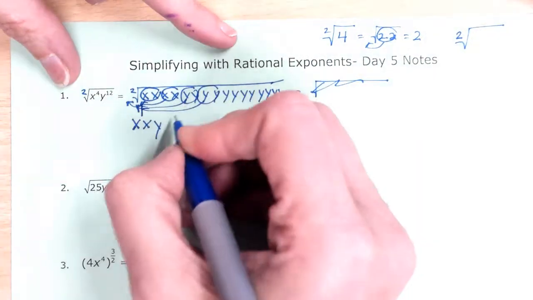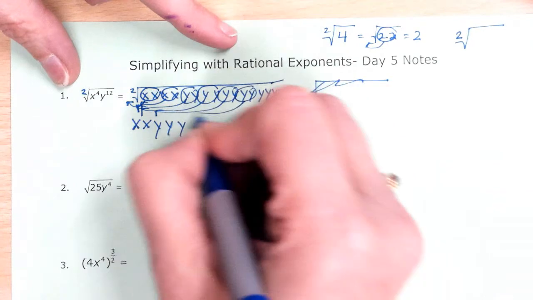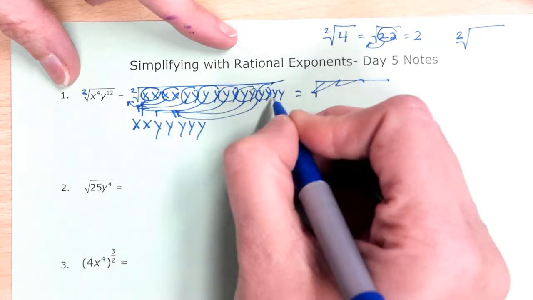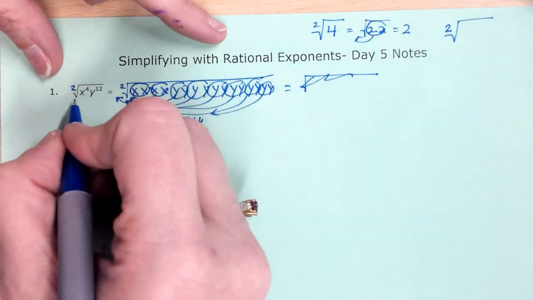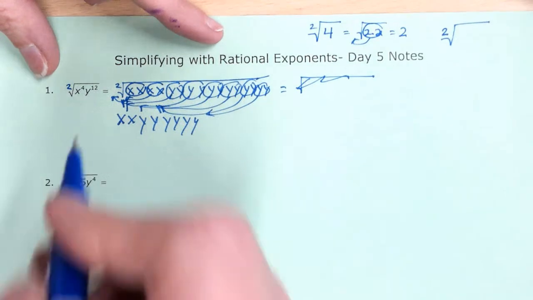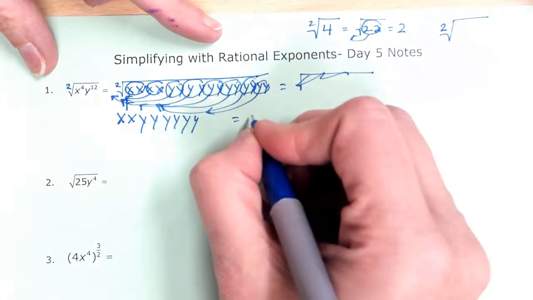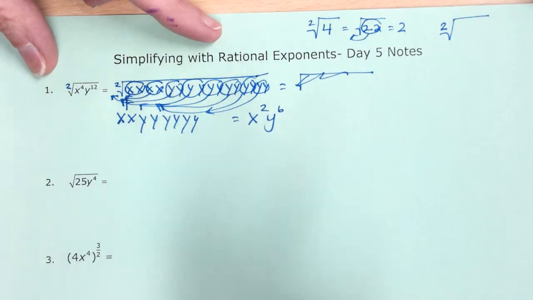These 2 turn into a y, and these 2 turn into a y. You see what I'm doing here? Since this is a 2 root, every 2 become 1 on the outside. So the square root of x to the 4th, y to the 12th is x, x, y, y, y, y, y, y, which simplifies to x squared, y to the 6th. So half of what was in there.